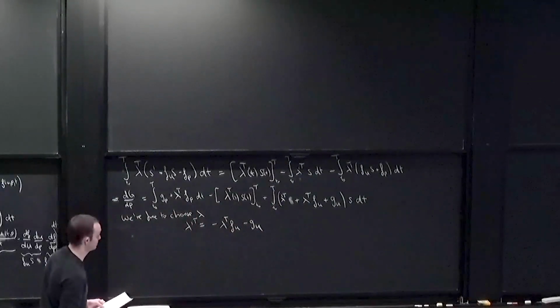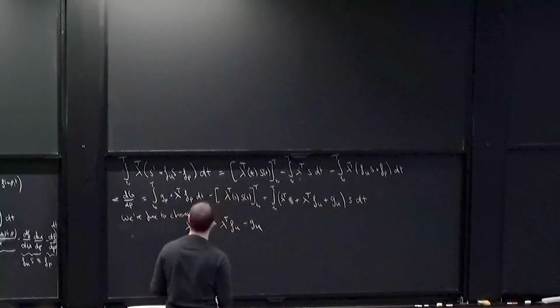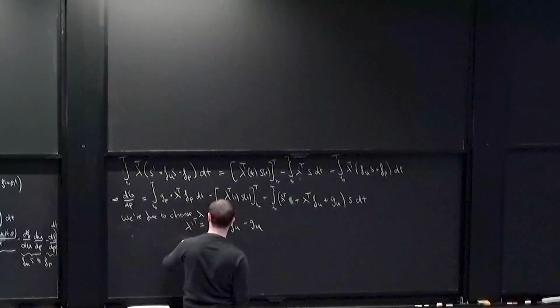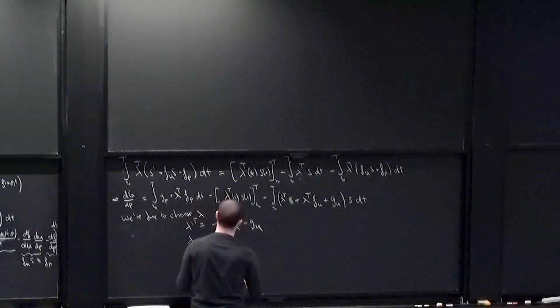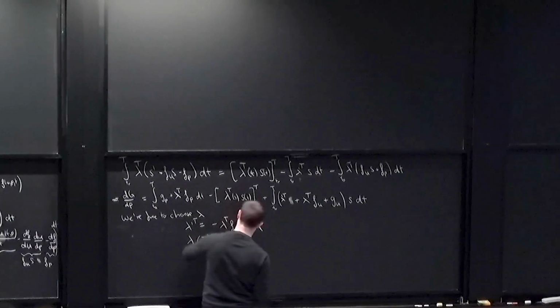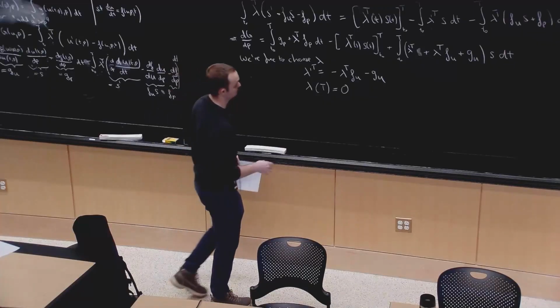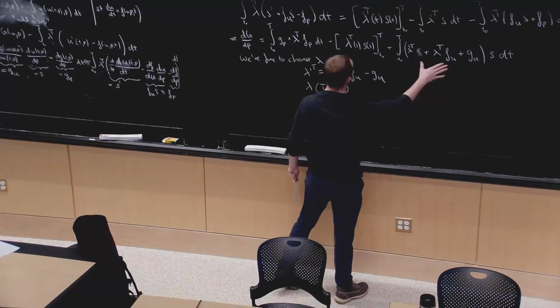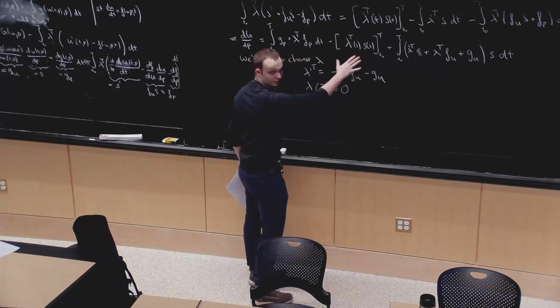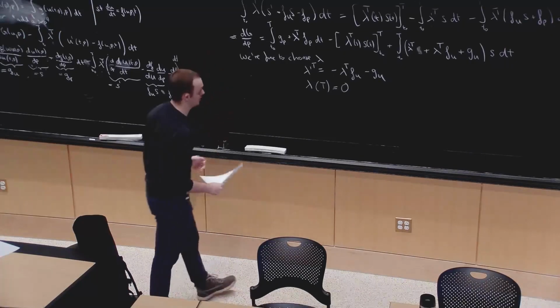If we take that choice, we will have that this term vanishes. And we can also, since this is an ODE, specify, well, basically the initial condition. So we can specify that lambda of T should be equal to 0. If we do that, we have that this term cancels, and one of the terms from this integration by parts also cancels.